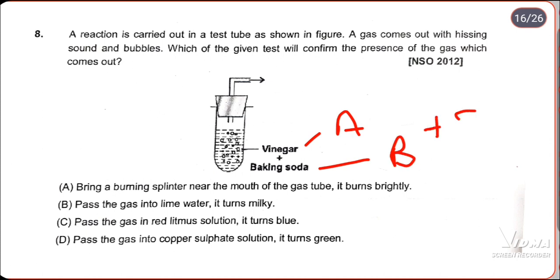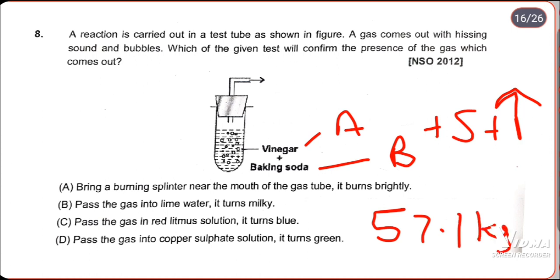So salt is formed plus heat is released, right? 57.1 kilojoules heat is released, which is an exothermic reaction. So the neutralization process is an exothermic reaction, right? So now heat is formed, right?